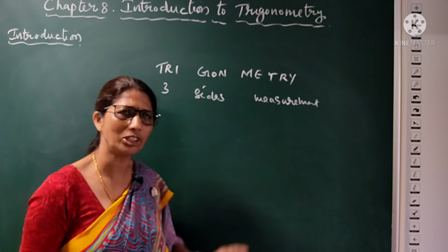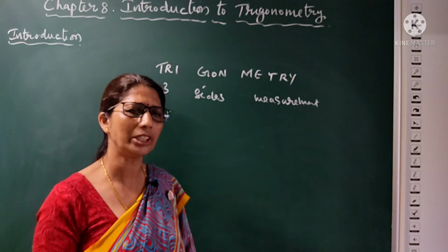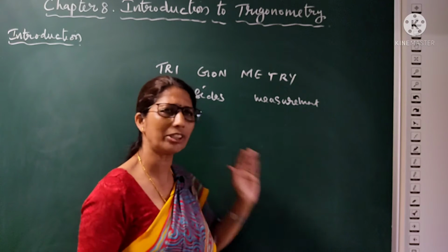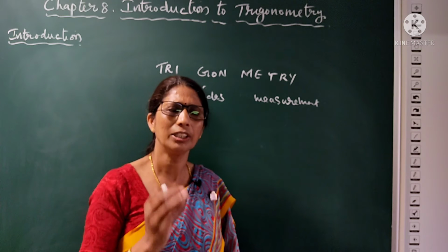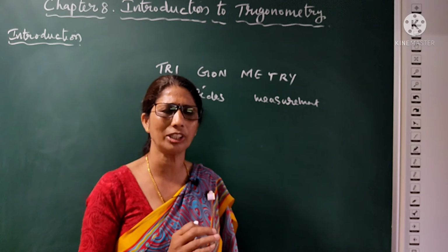What do 3 sides mean? It is a triangle. Any triangle we can take for trigonometry, but for your 10th class only basics are there, so we are considering a right angular triangle.